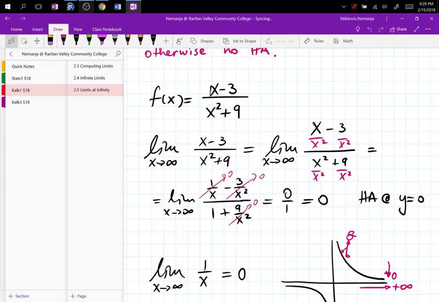Once you simplify the algebra, every single term that has x's in the denominator is going to die because of our formula that we wrote down there. And you have 0 divided by 1, which is 0. Cool? Of course, it's cool. It's calculus, right?